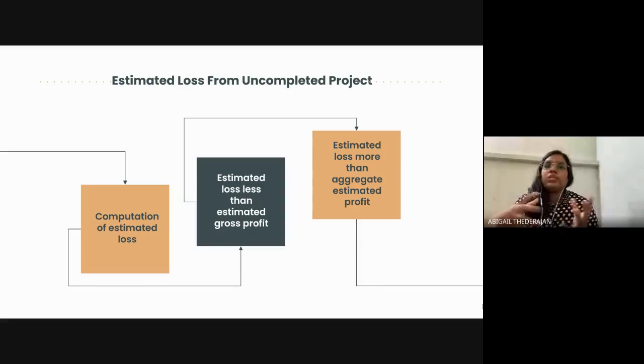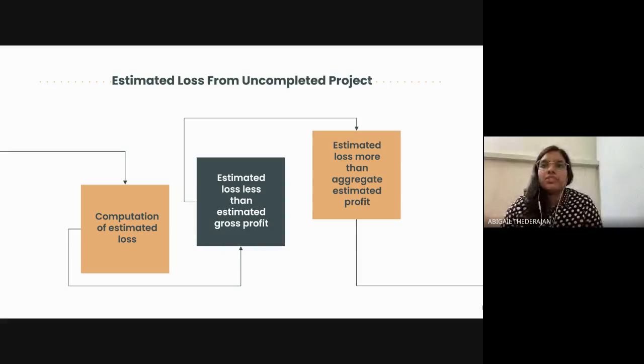Like just now Anani presented, the developers will come up with many projects in the same year. From the three projects, maybe one project may face loss, and they can cover up the loss by the aggregate gross profit from all three projects. So that is what is being said.